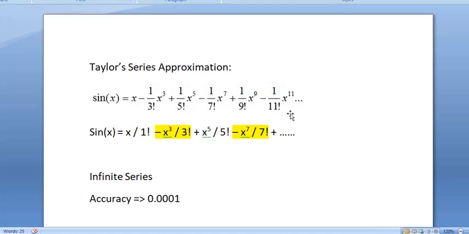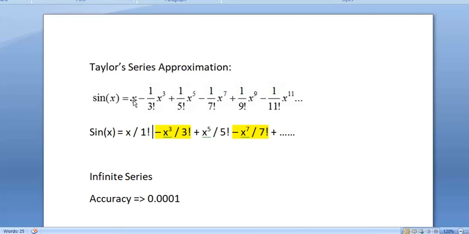Is that the end of the pattern? No. Another pattern we see is that if the first one is a plus term, the next is a minus term, then plus term, minus term, plus term, minus term. So we see three things. One is the x power will increase by the order of the odd numbers 1, 3, 5, 7, and the denominator factorial will increase by the odd numbers 1, 3, 5, 7, 9 factorial, and so on.